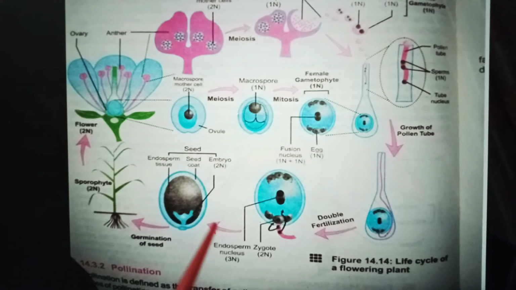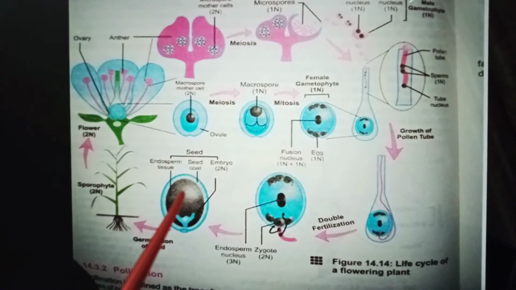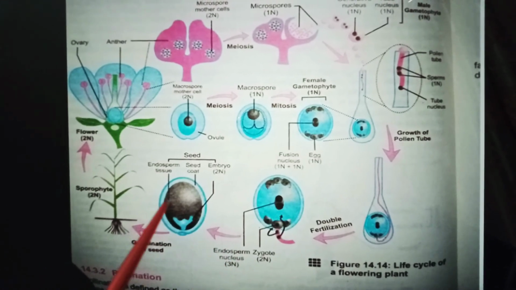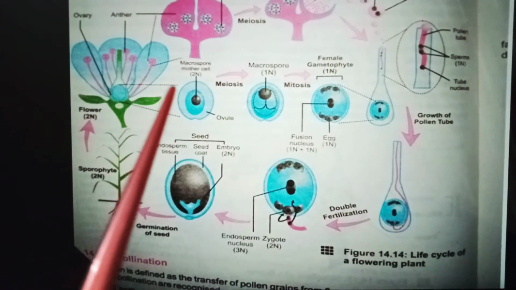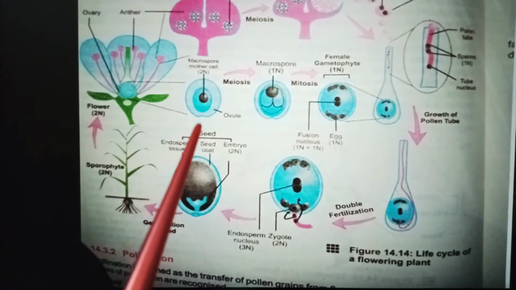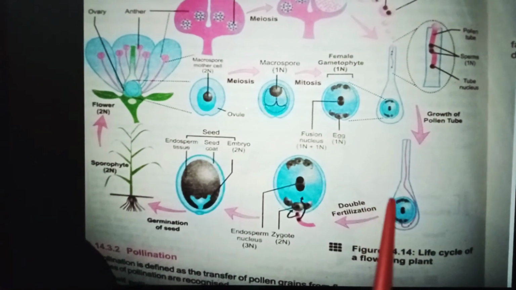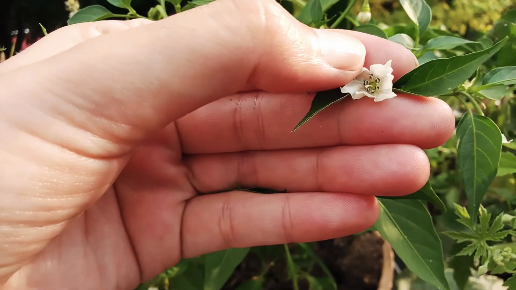This zygote will develop into embryo with 2N, and this endosperm nucleus will develop into endosperm tissue. This ovule then changes into seed, and this ovary will change into fruit.